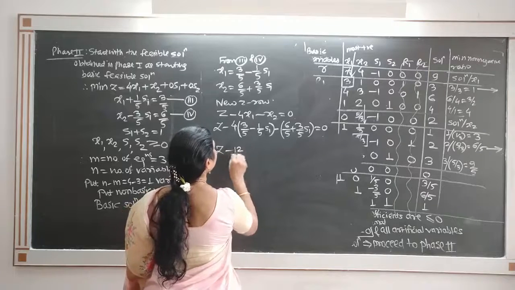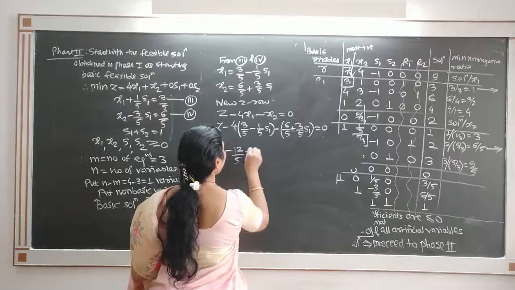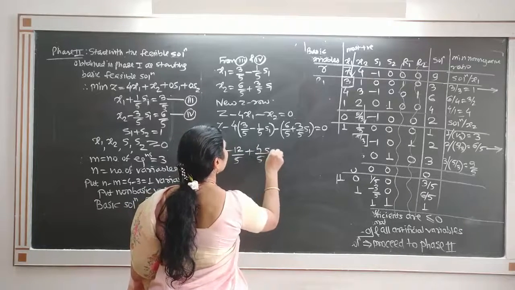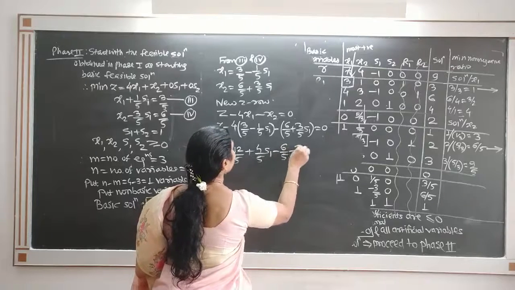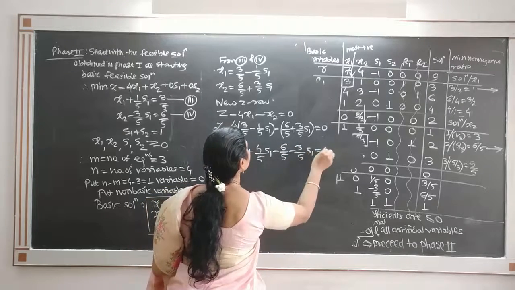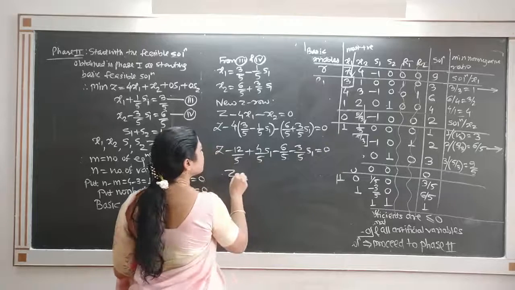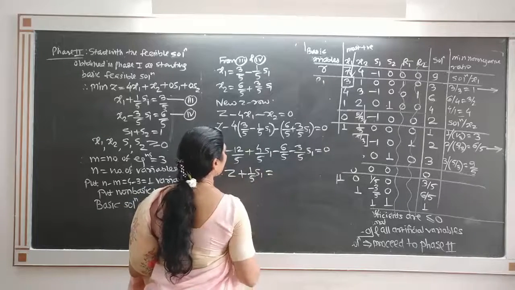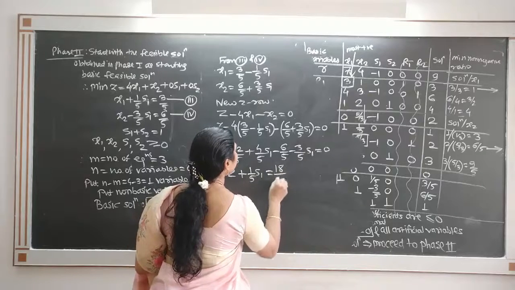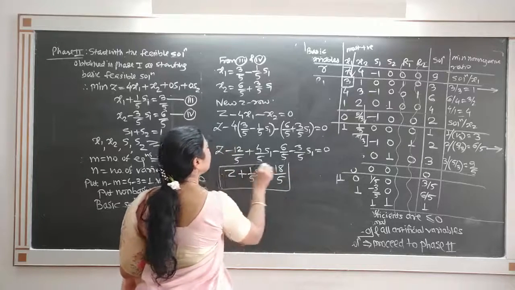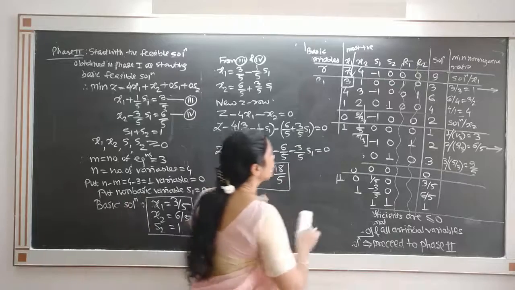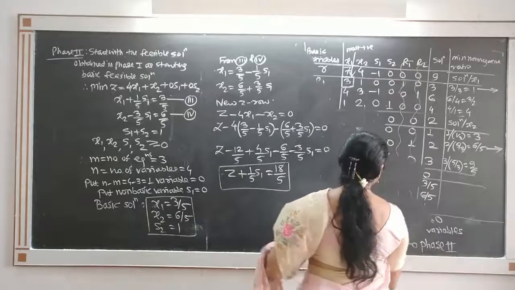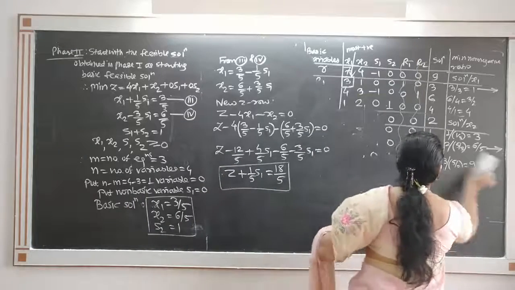So Z minus 12 by 5 plus 4 by 5 S1 minus 6 by 5 minus 3 by 5 S1 is equal to 0. So we get Z plus 1 by 5 S1 is equal to 12 and 6, 18 by 5. So this is our new Z row. Once we get the new Z row, we will start with our simplex table.